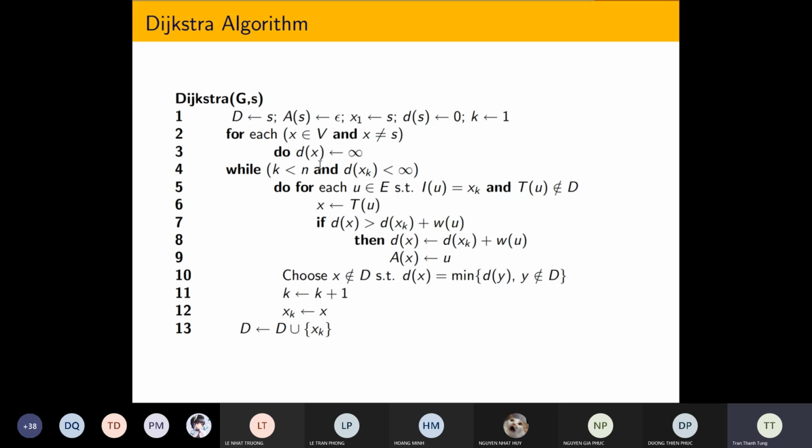So while k is smaller than the size, we check it.